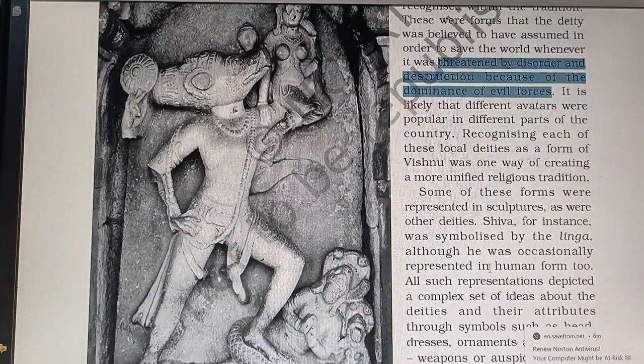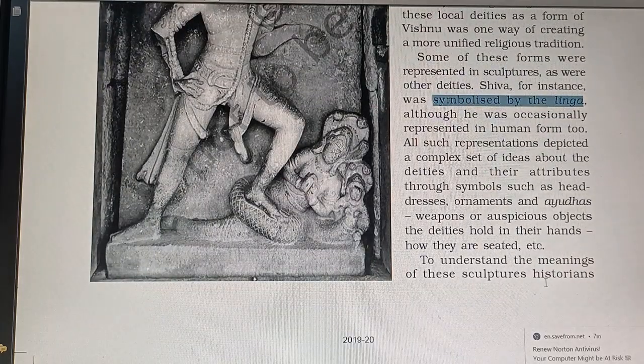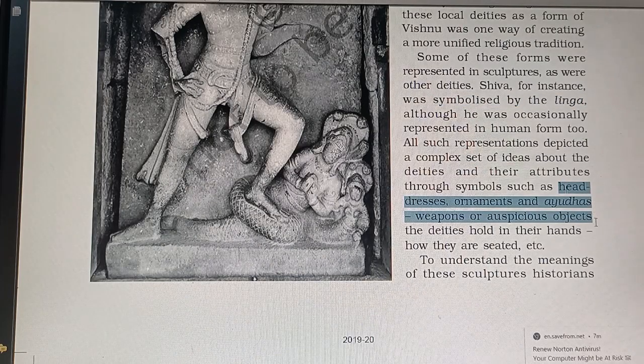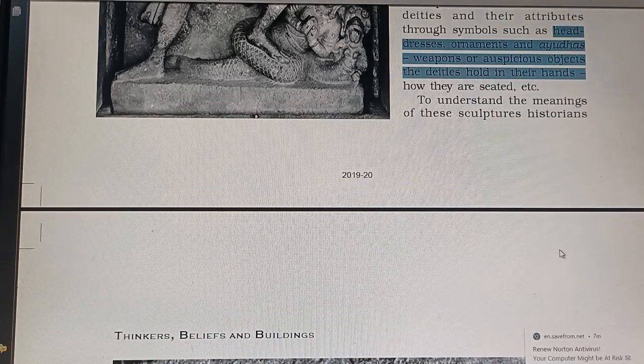And not only that, they also started symbolizing God with different symbols, like Shiva was symbolized by the Linga. Similarly, different symbols were used, as well as headdresses, ornaments, weapons and auspicious objects that the deity holds in their hand, and how they are seated. These were all considered, and these were all shown in the sculptures.